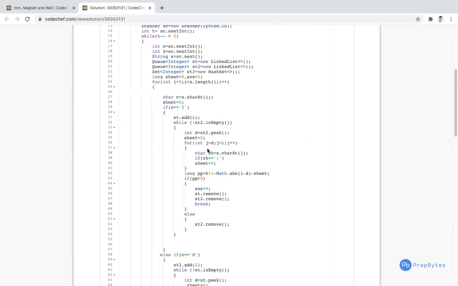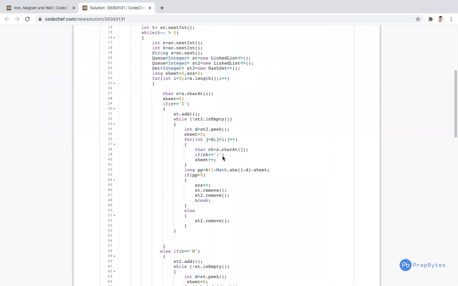I will get the peek element, and I'm getting the sheet as I have told you, from the second queue's peek element, the magnet element, to the iron character. Okay, and we will count it.